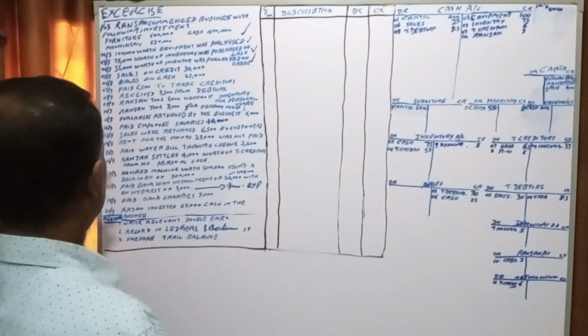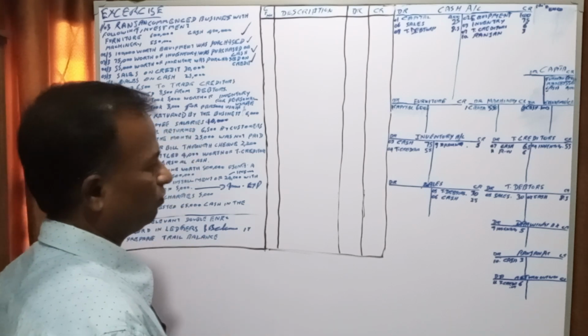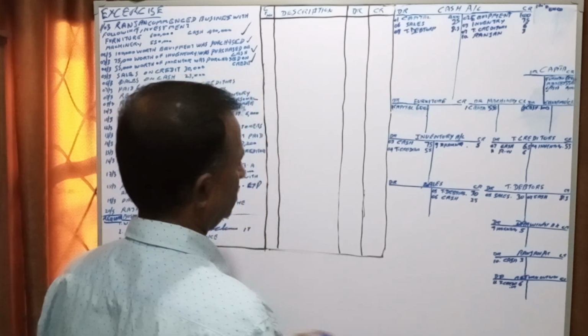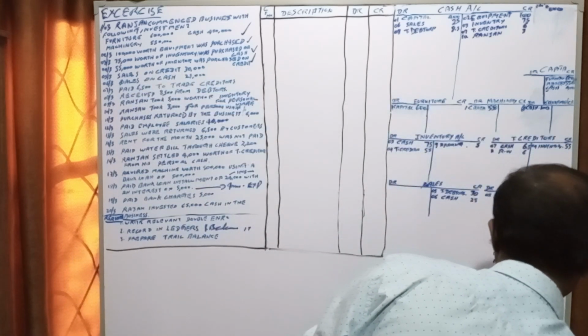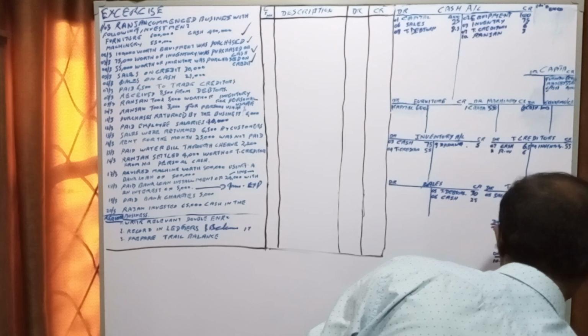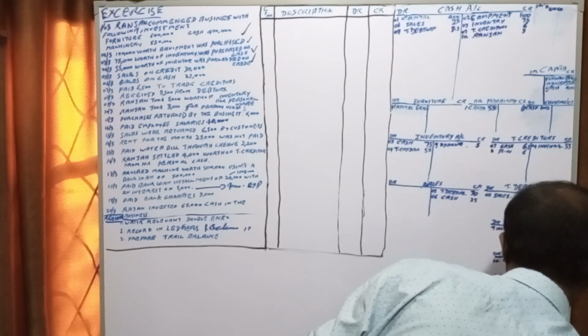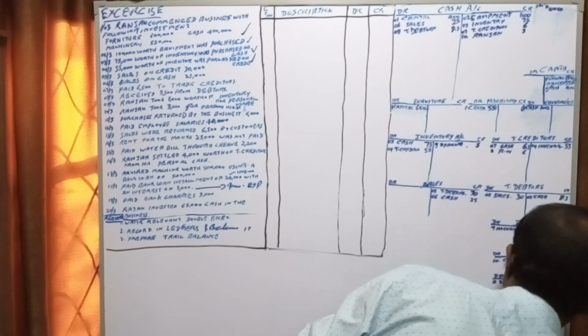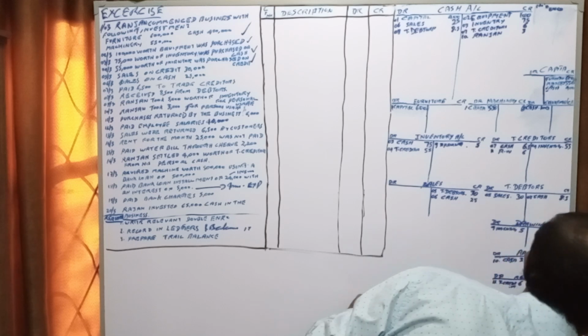And 12th, paid employee salaries 40,000. Here we will open an employee salaries account, with debit and credit.